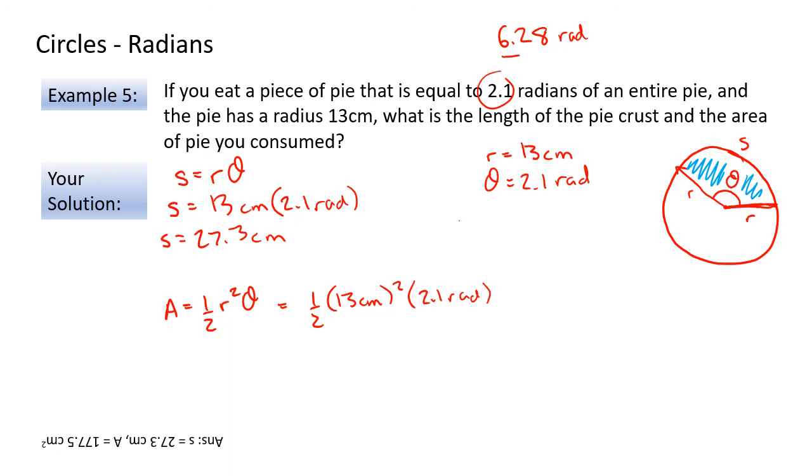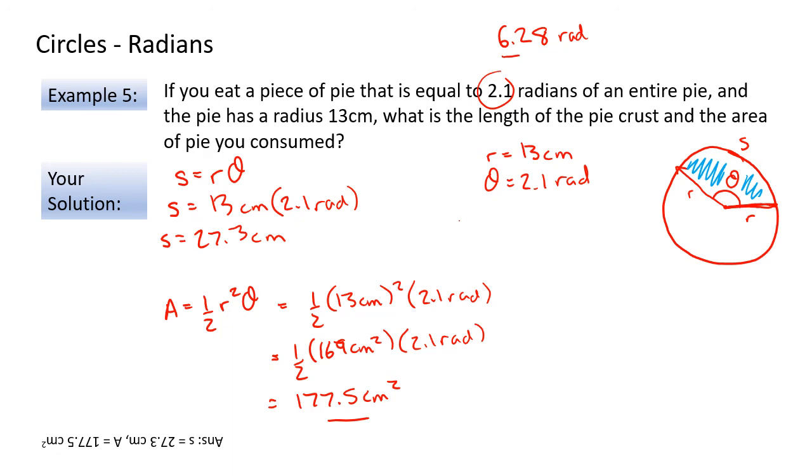Keep that in mind as you're doing your calculations. 1/2 times 13 squared, which is 169 centimeters squared, times 2.1 radians, and you get 177.5 centimeters squared. I used this as an example just to help visualize in this first one before we look at our second example.